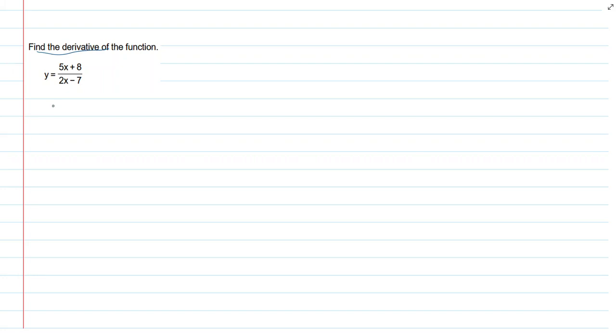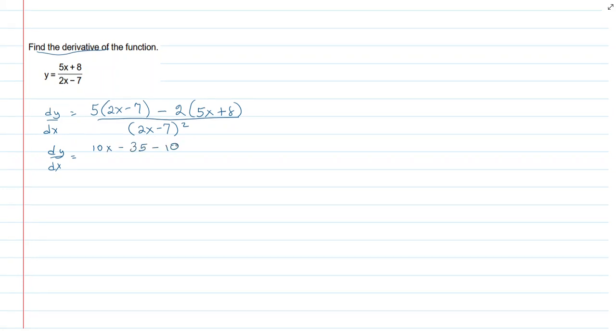Okay. Derivative of the top times the bottom minus the derivative of the bottom times the top, all over the bottom squared. All right. So I'm going to have 10x minus the 35 minus 10x minus the 16, all over.